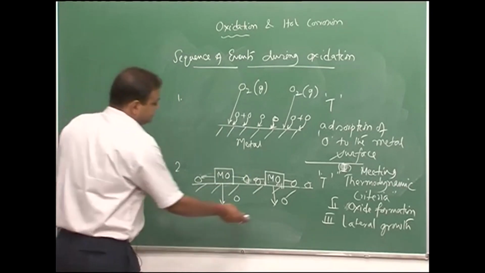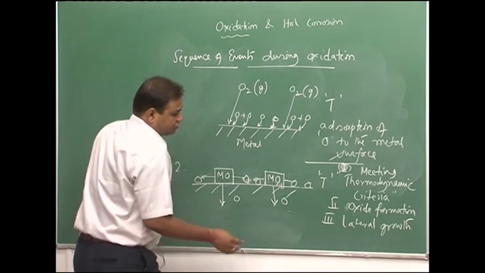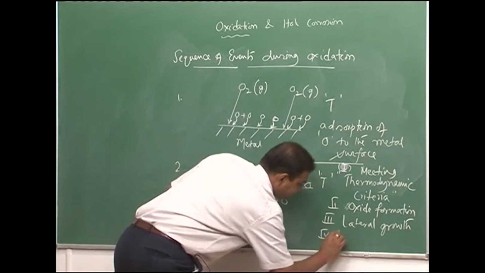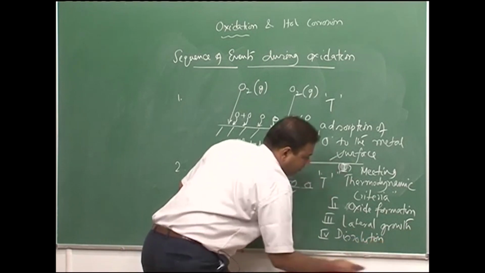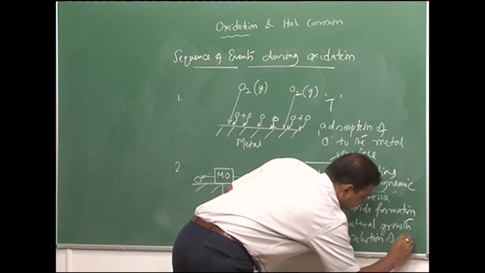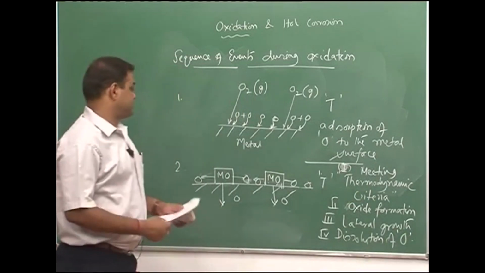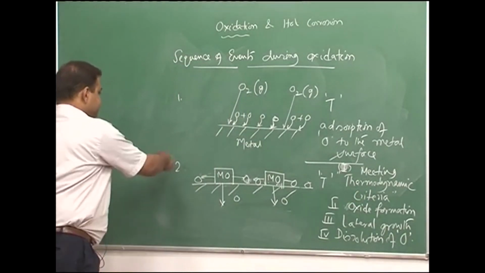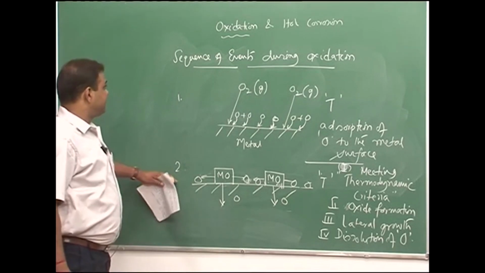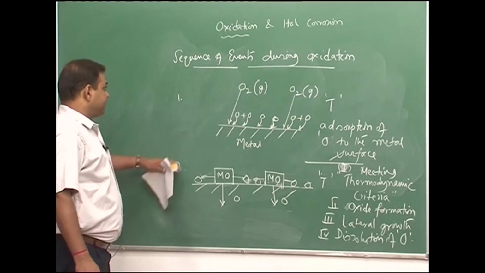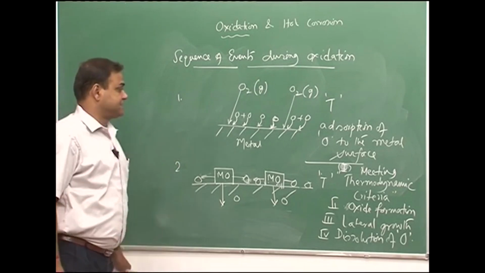So, these are dissolved oxygen. So, the fourth stage is basically dissolution of oxygen. This is the second sequence, the second set of events that are happening in the second stage.